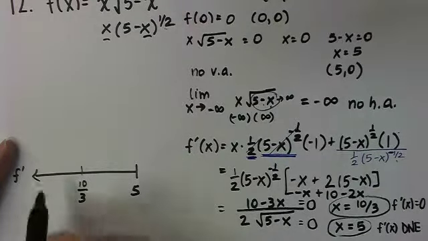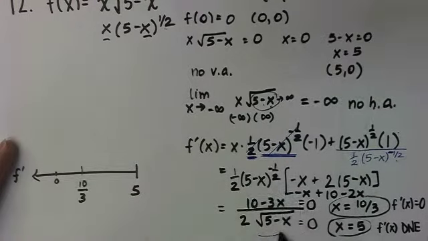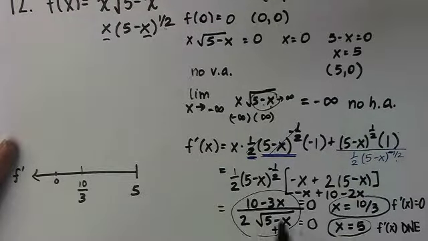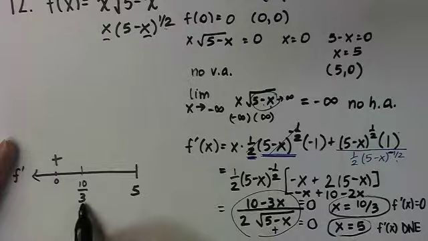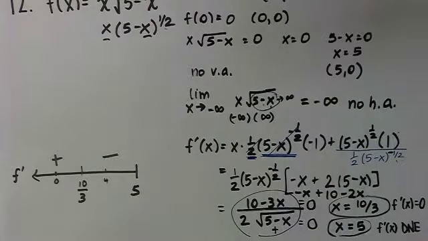The easiest number to plug in here is 0. Going back to the derivative, square roots always evaluate to something positive, so we don't need to bother plugging it in the denominator. 10 minus 0 is positive, so we're positive there. And then 10/3 is like 3 1/3, so we could plug in 4. 10 minus 3 times 4 is 10 minus 12, which is negative. So there is f prime.